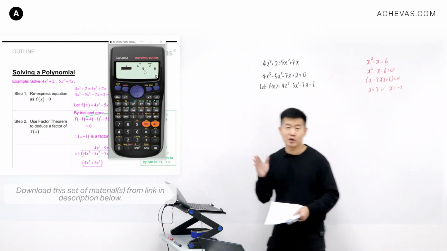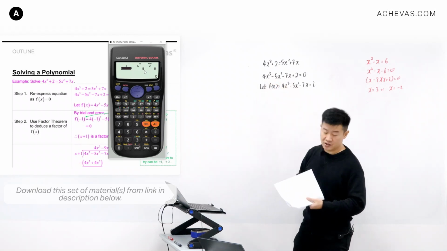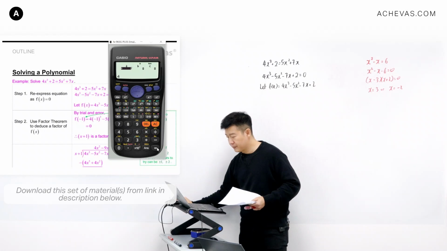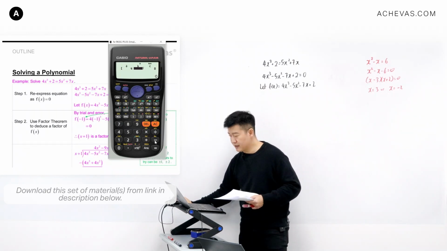Here we're going to press in all the coefficients. The coefficients will be 4, minus 5, minus 7, 2. So I'm going to press in 4, minus 5, minus 7, and 2.